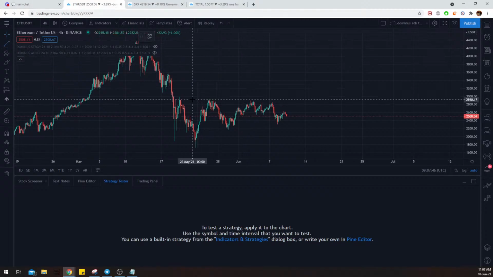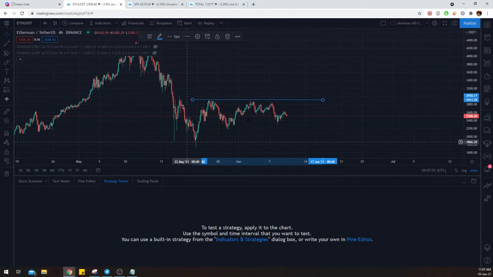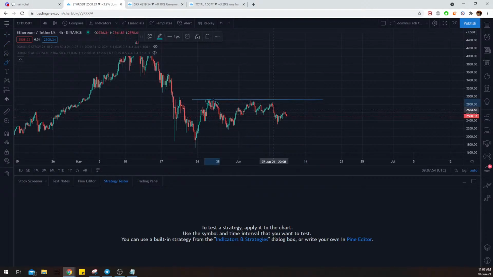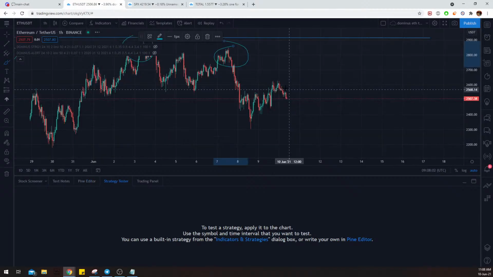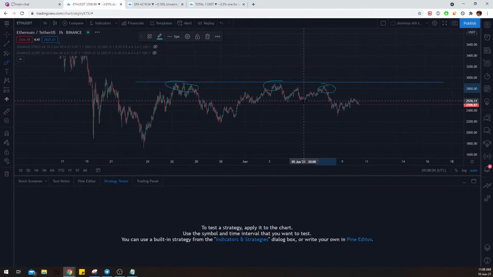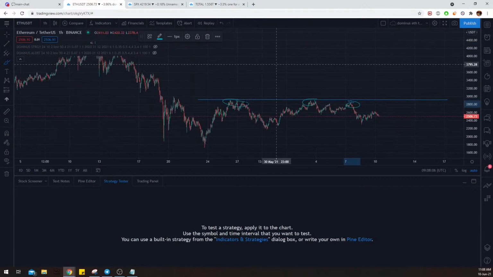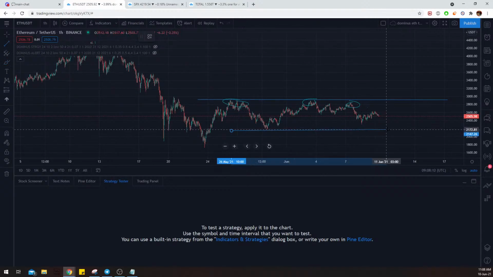So if I put this barrier here, you can see that I have been attacked once in this place, twice, and then I have a third attempt. Then, for example, you can go to 1 hour and you can see what I was trying to say. You can see we had all these attacks in this case, and the same for the short.